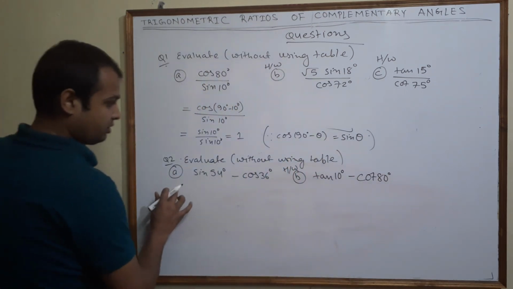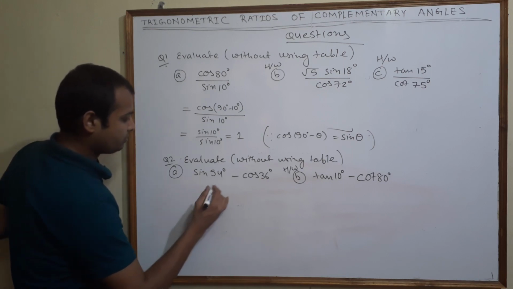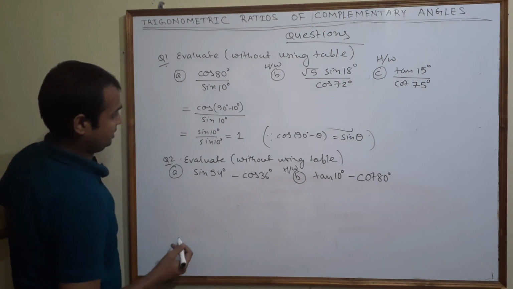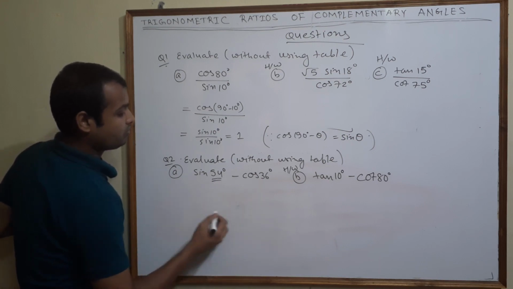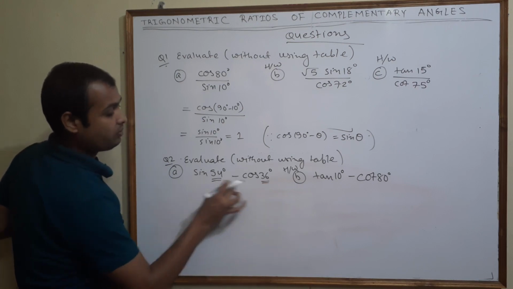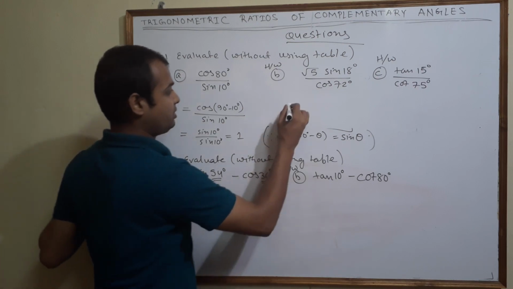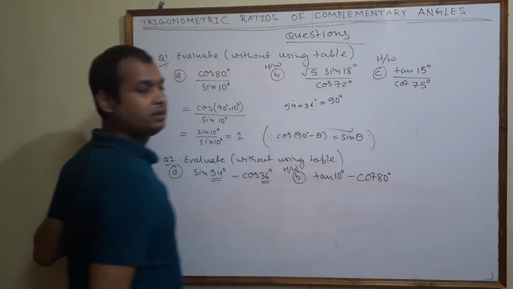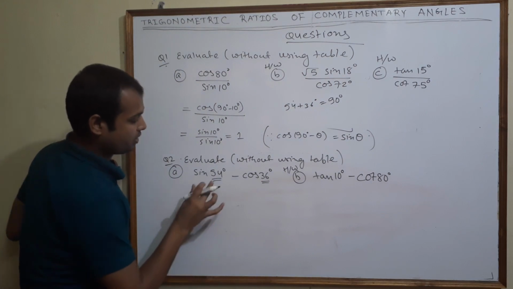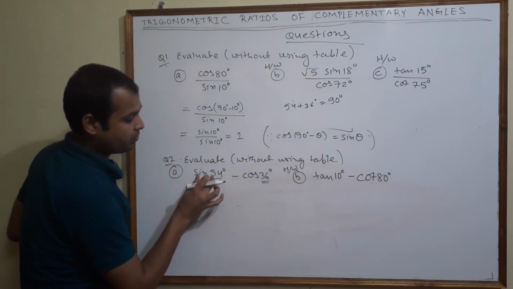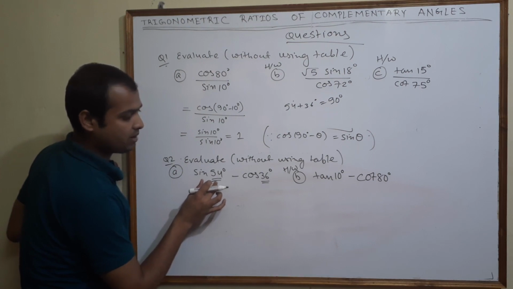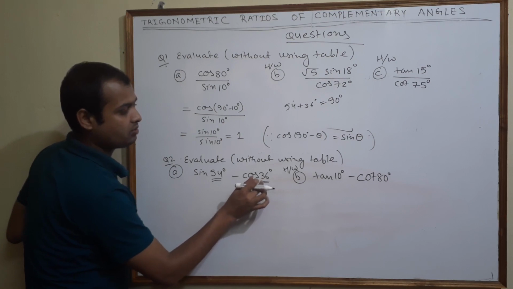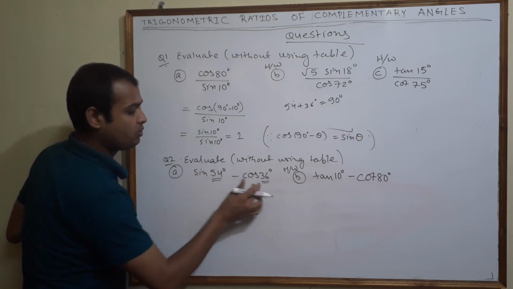So let us see the first one. Here you observe that sin 54 degree minus cos 36 degree. So this is 54, this is 36. If you take the sum, this will come 90. So either you write 54 in terms of 90 minus 36, or you write 36 in terms of 90 minus 54, but you have to do it for only one.